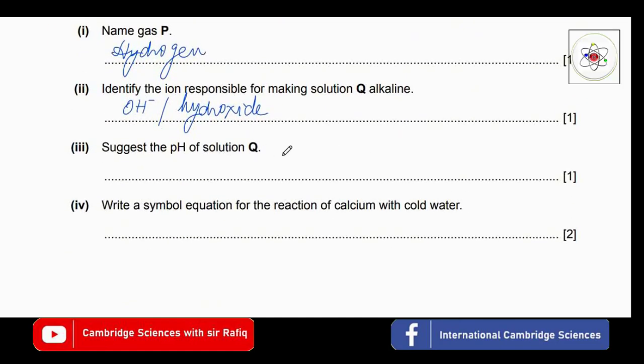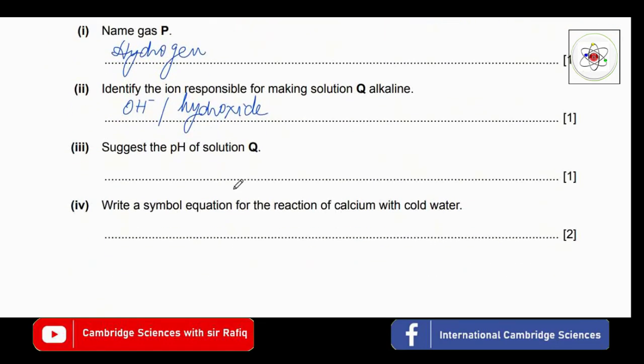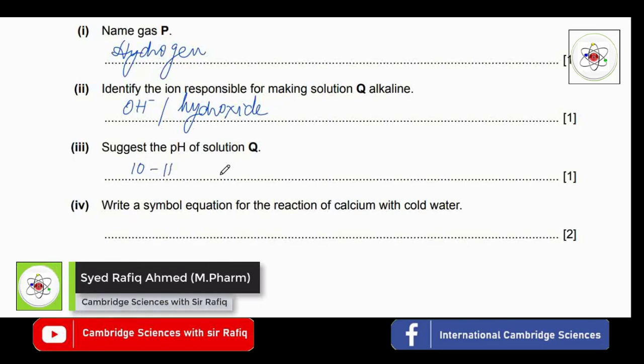Suggest the pH of this solution Q. As calcium hydroxide is a weak alkali or weak base, we will suggest a pH of 10 to 11 or something like that, right? Because 13 and 14 is the pH of a strong alkali.